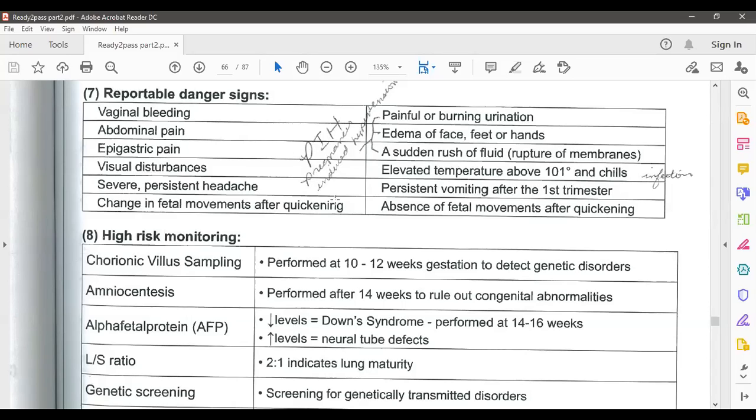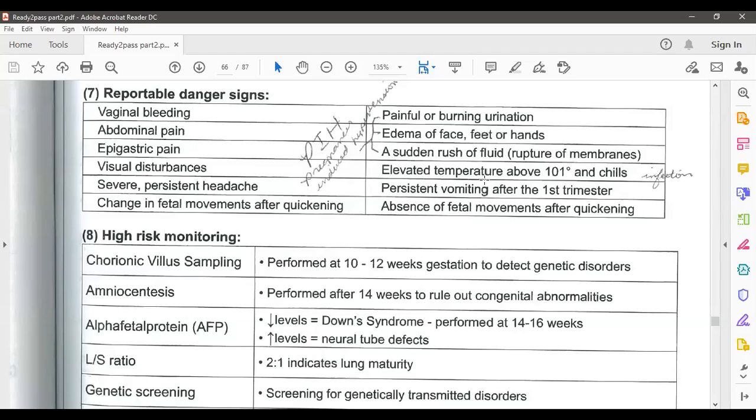Or if mother complains of painful or burning urination, UTI, right? Pregnancy induced hypertension, edema on the face, feet, or hands, or sudden rush of fluid or rupture of the membrane, which is called premature rupture of the membrane.